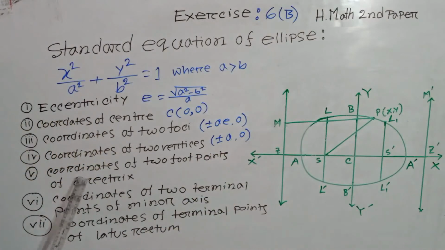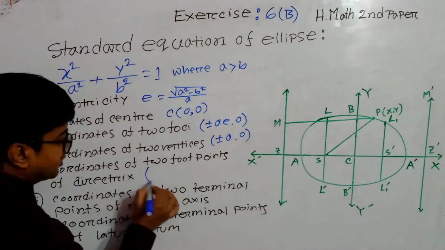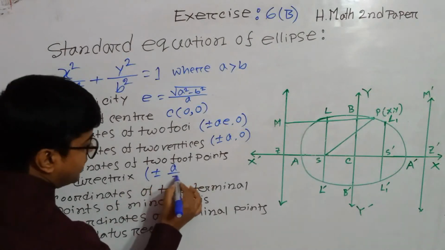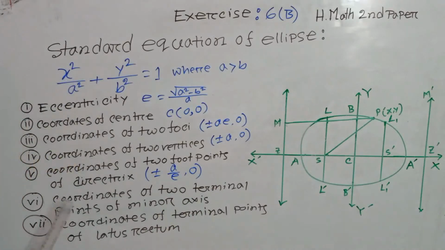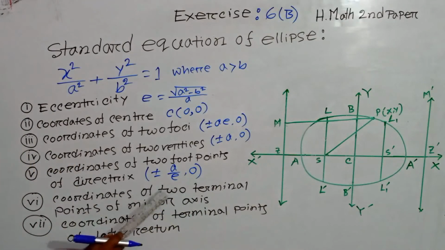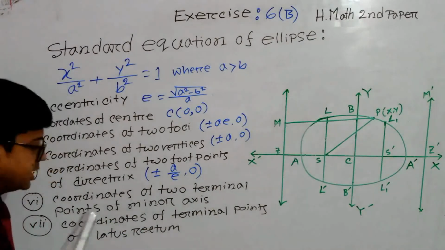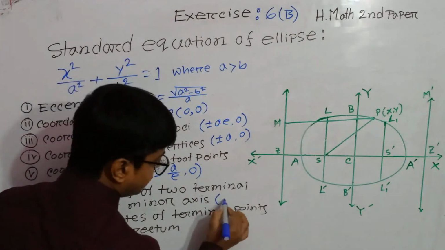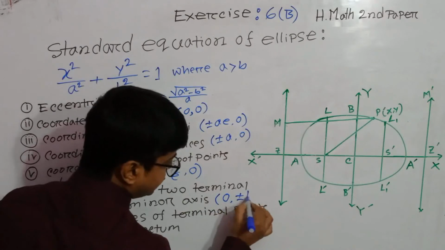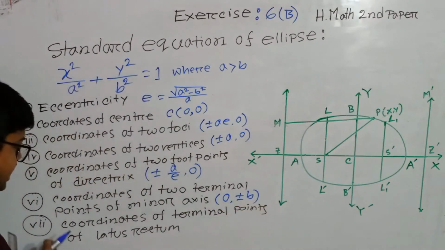Coordinates of the two foot points of the directrices: plus minus a by e, 0. And the coordinates of the two terminal points of the minor axis: 0, plus minus b.